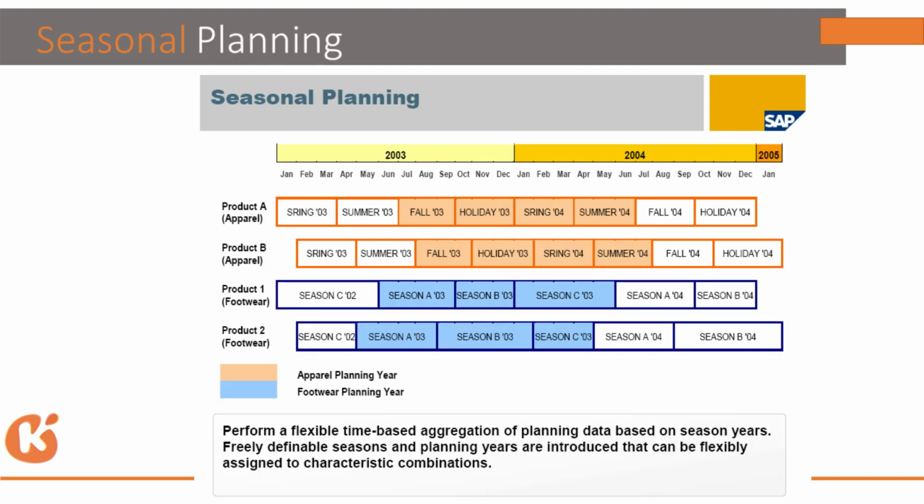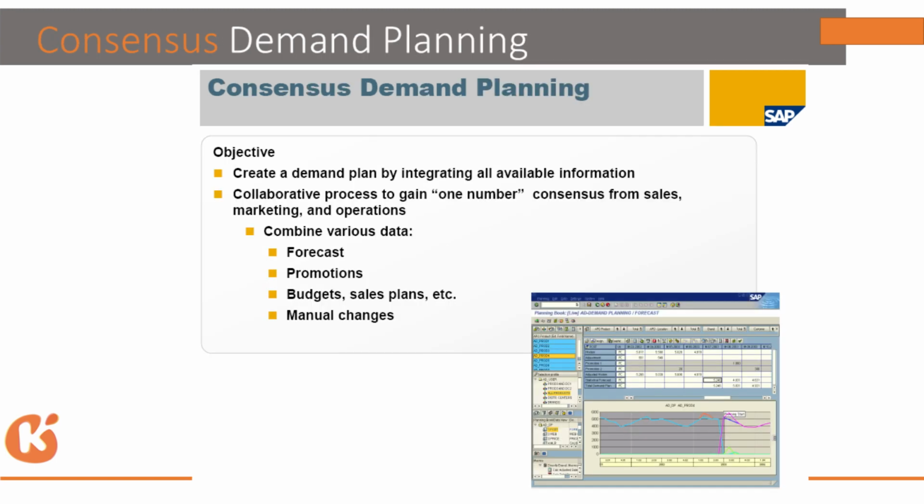And seasonal planning, we can capture and configure the season. For a particular season, you will get sales relevant to your previous season. And the consensus meeting, as I told, all the teams, the demand planning team, sales team, marketing team, and everybody have a meeting, and they will propose one number.